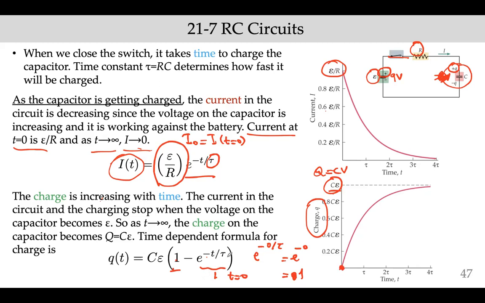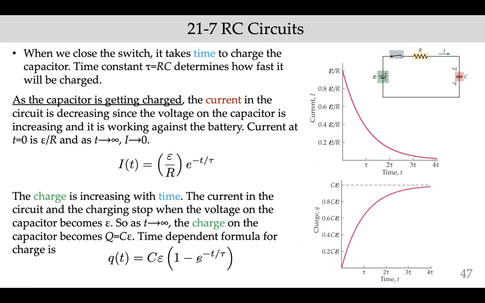And as time passes by, the second term's effect is getting smaller and smaller. And 1 minus a smaller number becomes larger and larger, as you see in this plot. So this is the charge, the time-dependent function of the charge of that capacitor.